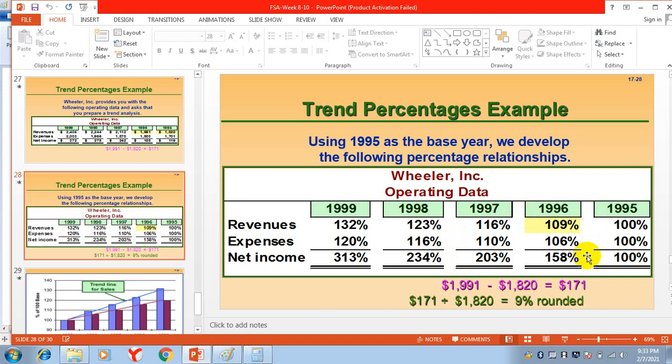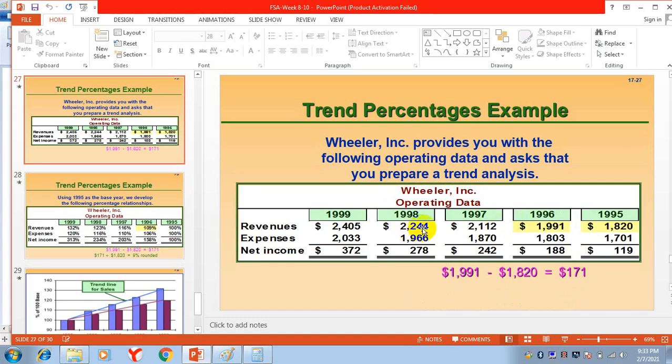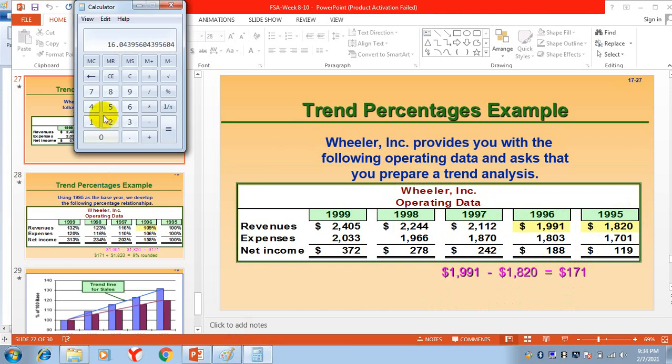Now next year, 2244 is the current year. 2244 minus base year 1820, divided by base year 1820 and multiplied by 100. So it becomes 23.50.